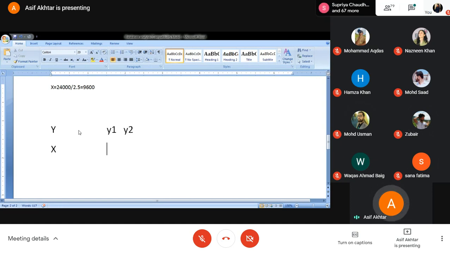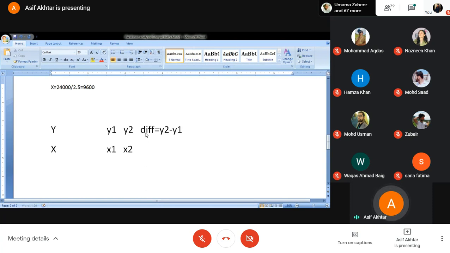Similarly x, so for example the change is from x1 to x2. So we have variable y which is changing from y1 to y2 and x from x1 to x2. Now if I want to take the difference between the two, the difference will be y2 minus y1.